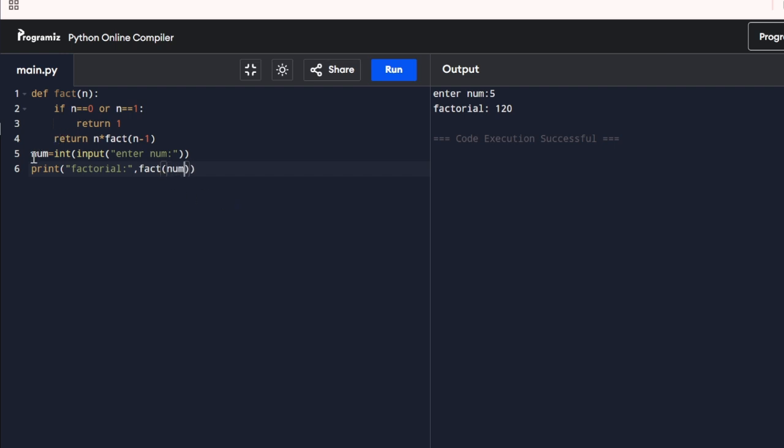So this num is included here, and it does the process here. Right, it's fine. We'll see. We got 120.